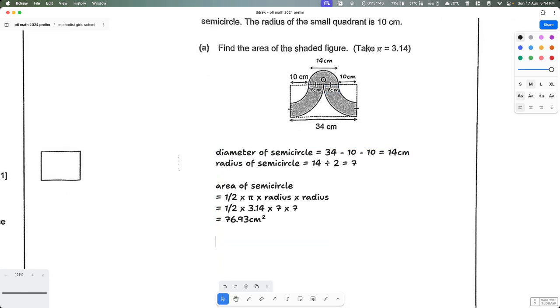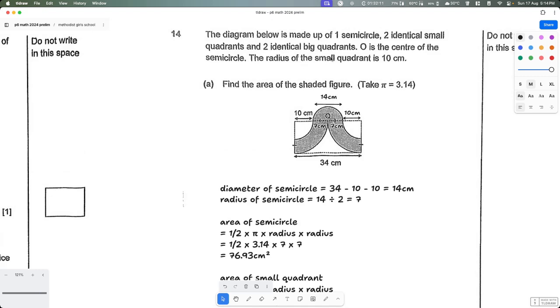Okay, so area of small quadrant is equal to 1/4 times pi times radius squared, not half but 1/4. What's the radius for the quadrant?